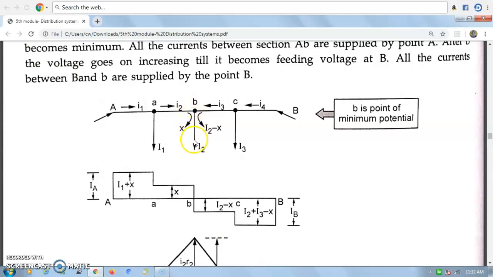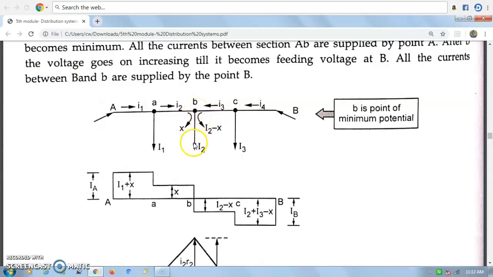Here I1, here I2 are supplied from capital A. Here I3 and I4 are shown from capital B to small b. Why? Because it is the minimum potential here; after that, voltage is supplied by capital B. Hence, we are showing the current direction like this.